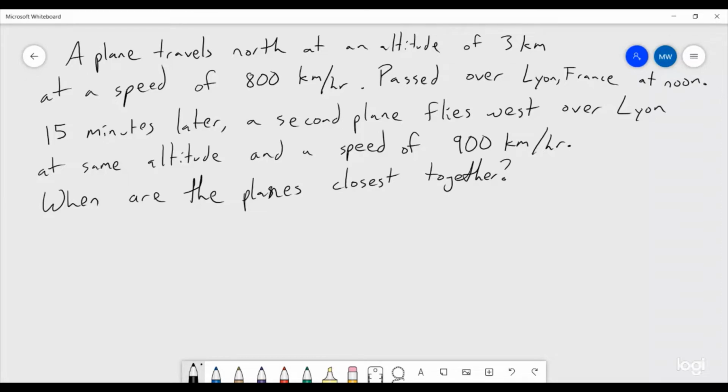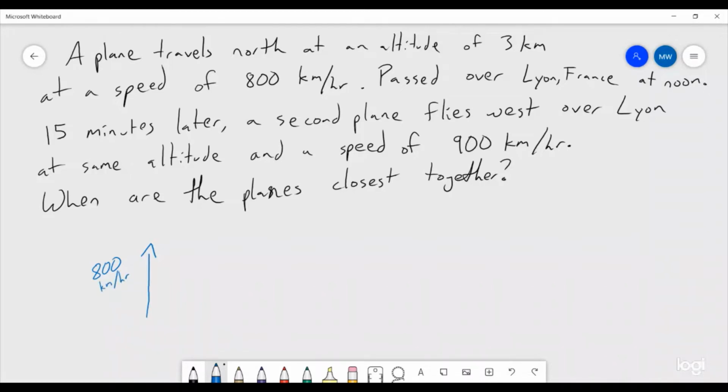Okay. Go ahead, pause the video, and try and figure out what time the two planes are closest together. Alright, so the way that I would approach this is I would start by drawing some sort of diagram. So I have a plane that is traveling due north, and it is going at 800 kilometers per hour.